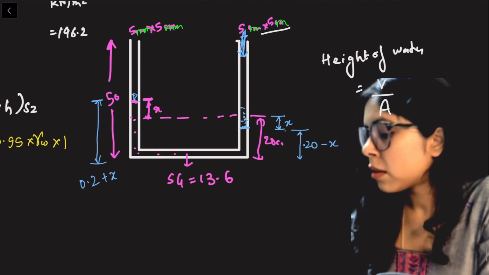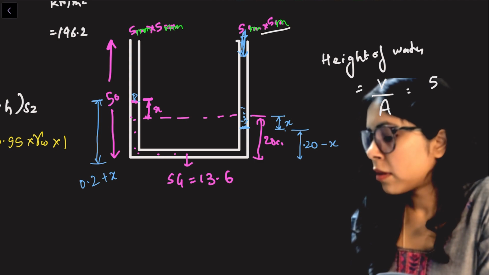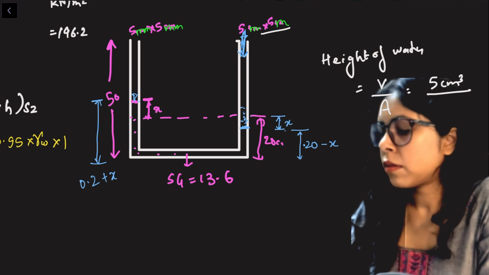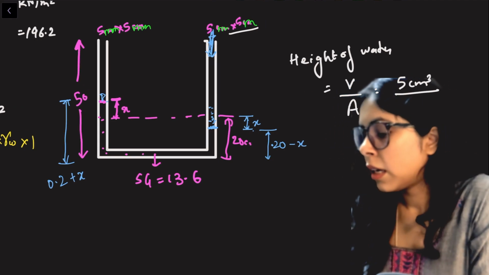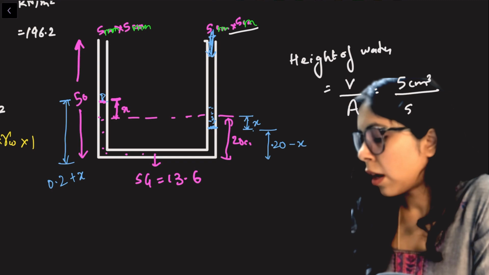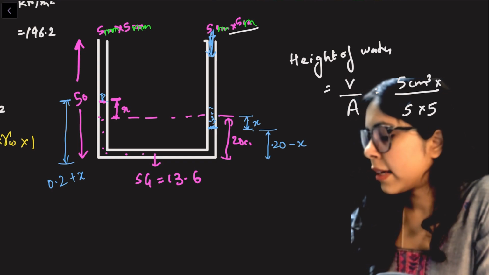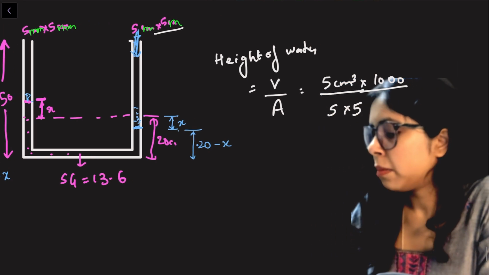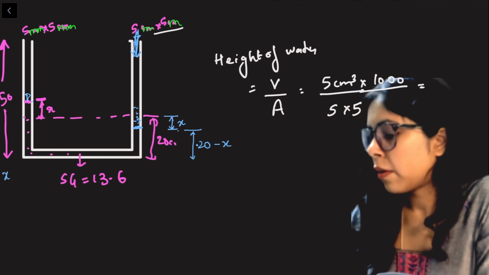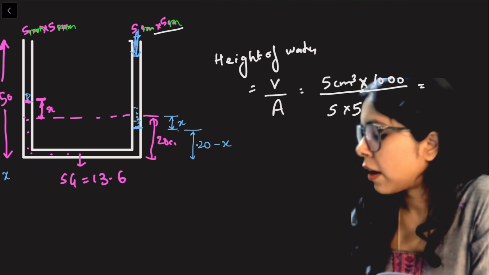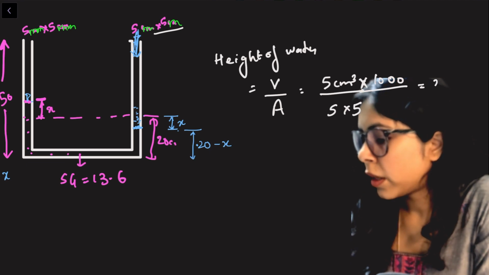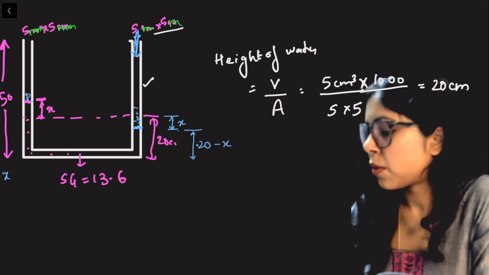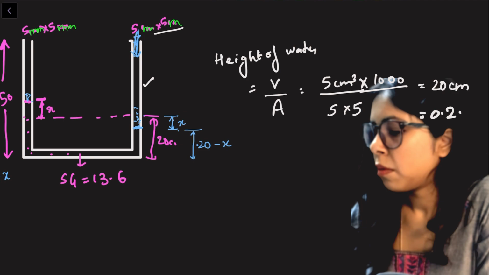Volume is 5 centimeter cube, and the area is 5 mm into 5 mm, so I change the centimeter cube into mm cube by multiplying by 1000, and I get the final answer as 20 centimeter. So the water height is 20 centimeter, that means 0.2 meters.